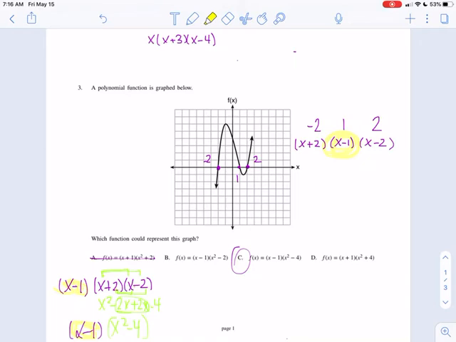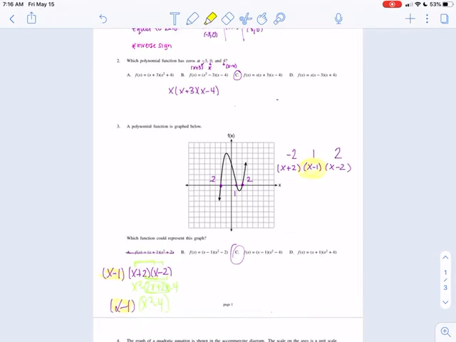So the relationship between zeros and factors is that we can use the solutions to work backwards to get factors using inverse signs. Then you multiply your factors to get your quadratic or your cubic, whatever type of function this is.